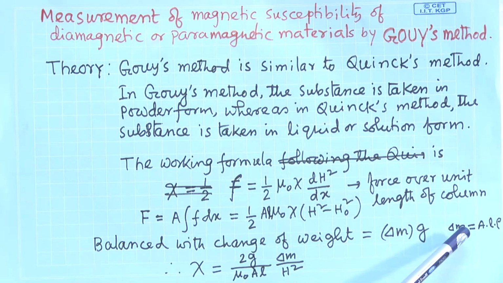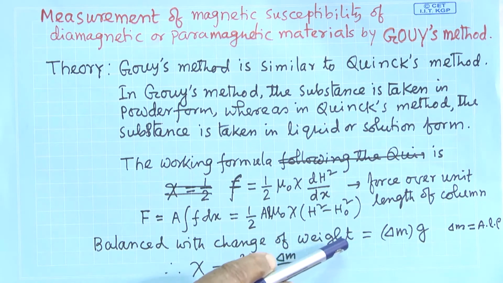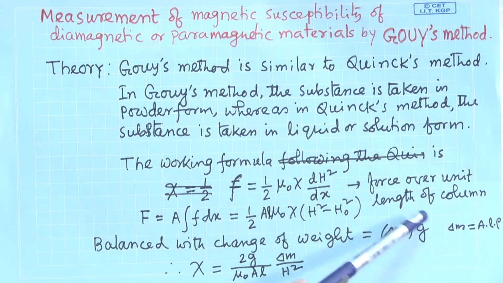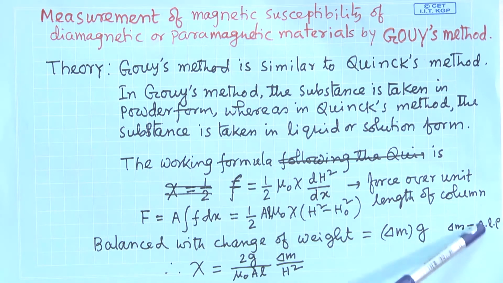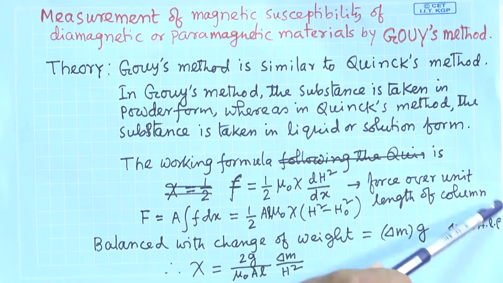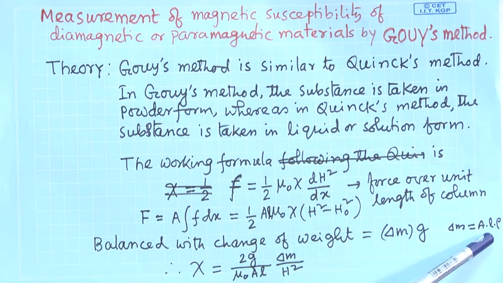So the balance shows a change of weight, del m g, the change of mass. What is the change of mass of? The apparent change of the mass of that sample due to that force. We have to take that in terms of our sample dimensions and its density.